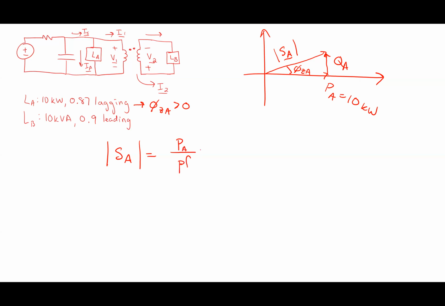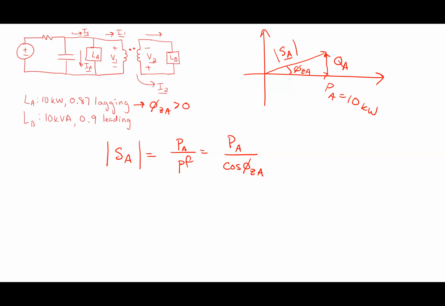The power factor is the cosine of that angle phi ZA. Okay. So two ways of looking at that. One is straight up trigonometry. Think of that thing as a triangle. The other would be to say the real part of the vector, P sub A, is the magnitude of S times the cosine of the angle. Right? Two different ways of saying the same thing. All right. If I did that, what would I get?